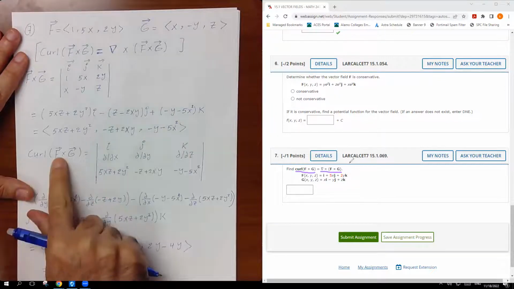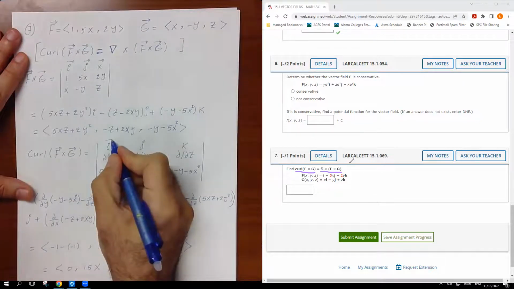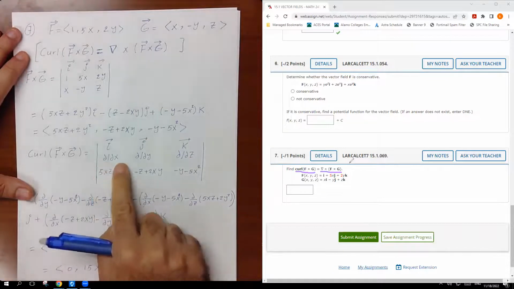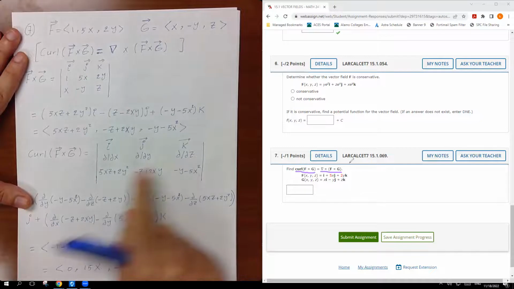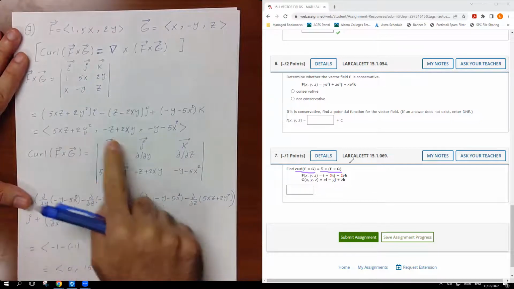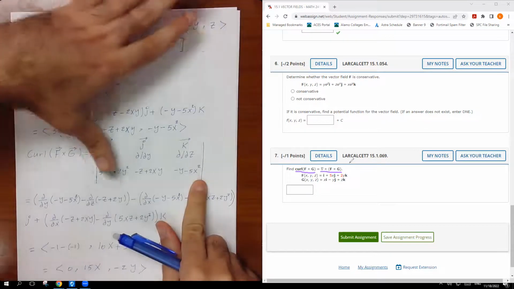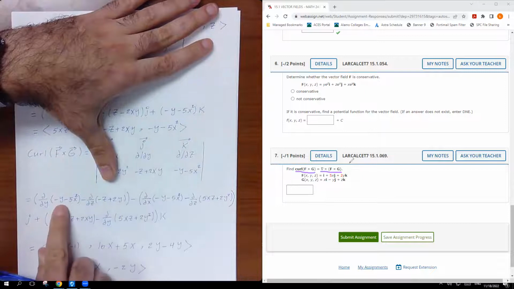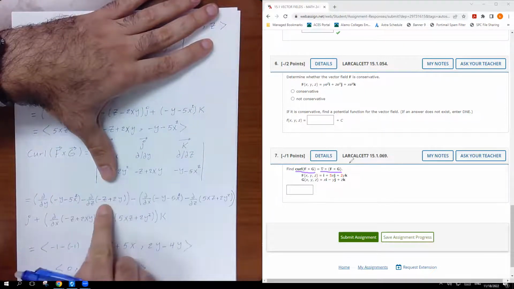Now the curl for f cross g, here's i, j, k, and the derivative with respect to x, the derivative with respect to y, the derivative with respect to z. I'm going to write down the first part here, the second part here, and the third one here. Now for the i, it's going to be the derivative with respect to y of this part, minus the derivative with respect to z of this part.